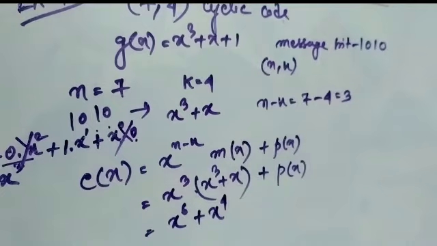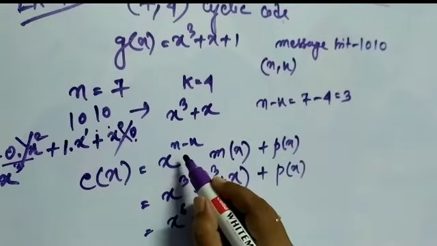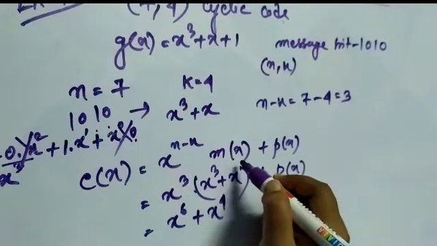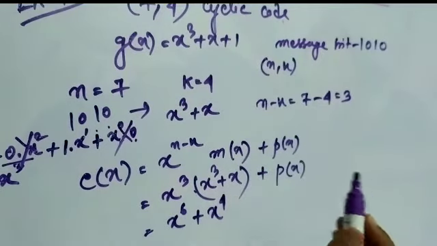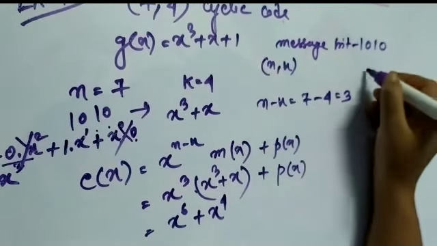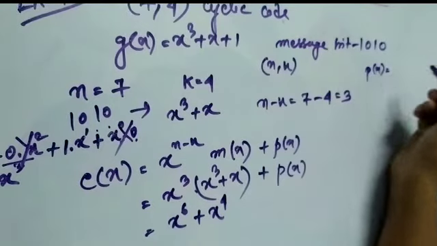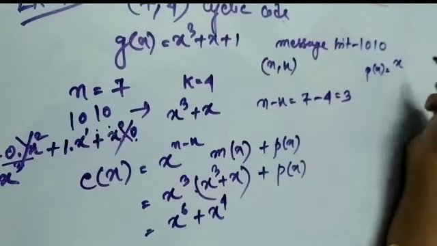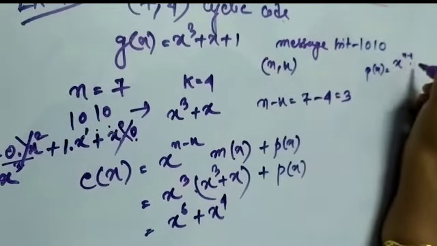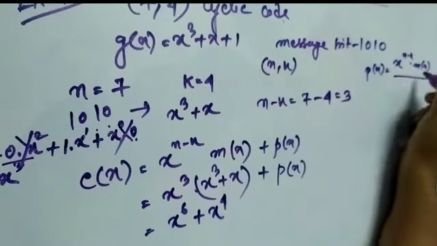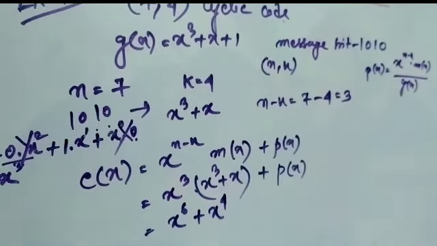So you know that p(x) will be calculated by x to the power n minus k into m(x) by g(x). So therefore you have to calculate now p(x).